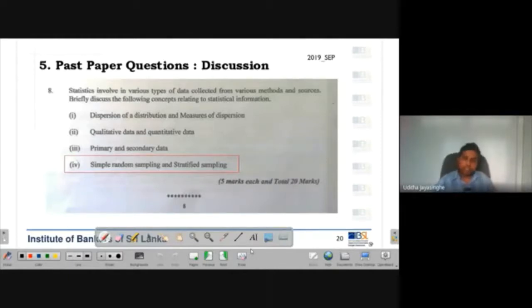Stratified is also a probabilistic sampling method. You do the same thing about stratification, right? But be extremely careful about what is being asked here. Now, the words briefly discuss give you some leeway. But if at all you see something like compare and contrast, your answer structure is going to be somewhat different.